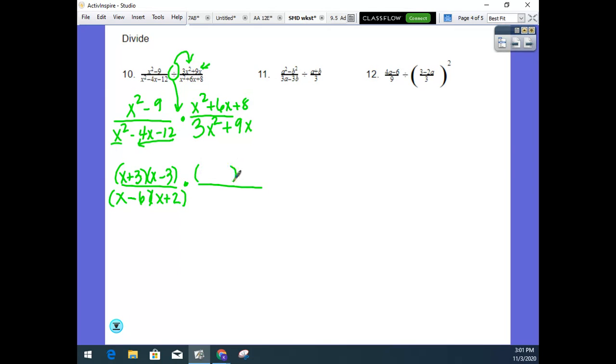No GCF, x and x, factors of 8 that add to get 6. The bottom has a GCF. Divide each one by 3x.